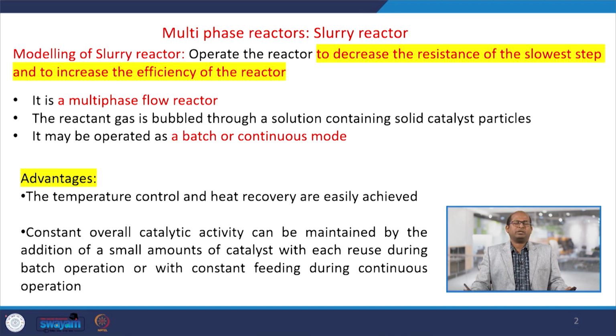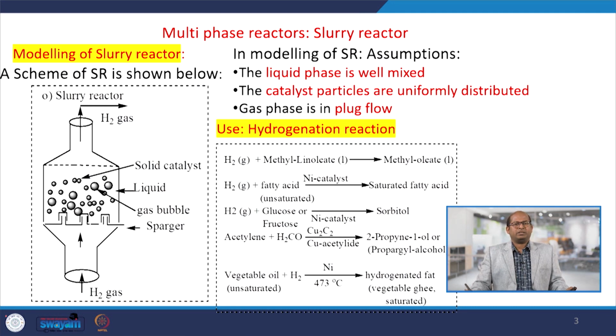In these particular reactors, if we take any reactant that is a gas, a liquid is another reactant that we can use inside the reactor. Here you can see the schematic diagram of a slurry reactor. On the left hand side, this is a slurry reactor. At the bottom of the reactor we are passing the gas.